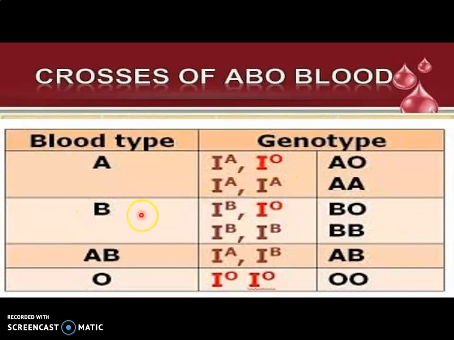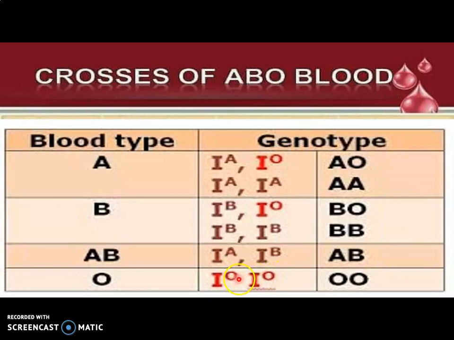If someone is in group B, it must be as a result of the person inheriting B or O alternatively from his or her parents. Or if someone has BB, B from mother and B from father, to bring about blood group B. Someone that has AB in his or her blood group, it means that the person inherited A from mother or father, and B from mother or father. Someone that has O, remember that O is always a recessive blood group here.